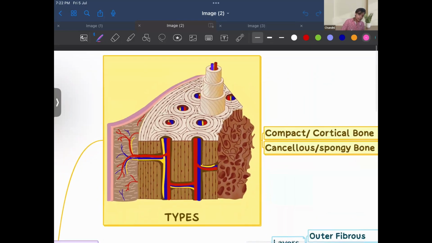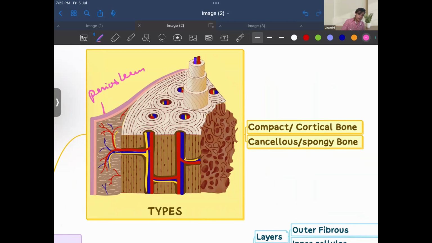See, this is the periosteum. What they have done here is peeled it off the bone, like a layer. You peel off the periosteum. And here you have one osteon, another osteon. In between these osteons you can find the interstitial lamellae. Here you find concentric lamellae of osteocytes, canaliculi, all that you have to draw.